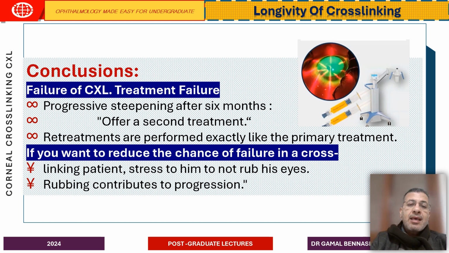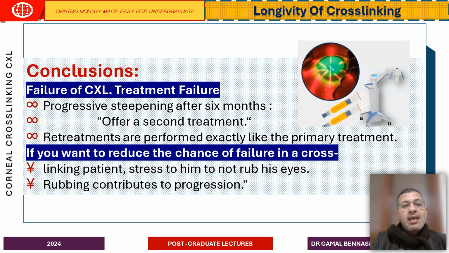In the future, we need more studies on solid ground. We can say that follow-up by biomechanical changes is a more efficient way of determining the efficacy of your cross-linking, rather than depending totally on the tomography.